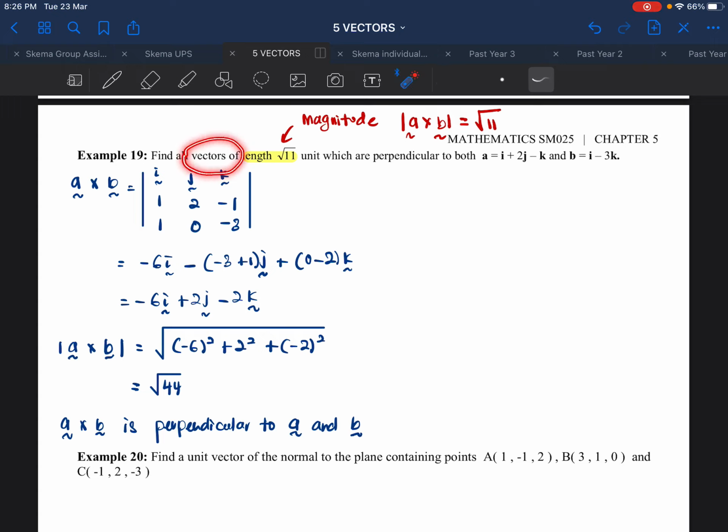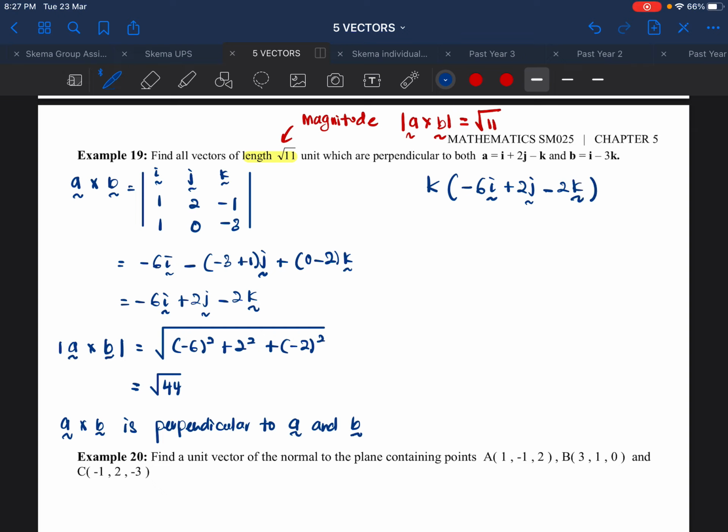Find all vectors which are perpendicular to both A and B. So kita tahu A cross B perpendicular to A and B. So kita boleh gunakan vector A cross B ni, tapi kita nak cari another vector. So kita boleh letak another constant dekat sini. Let's say kita letak K. Kita gunakan vector A cross B kita which is negative 6I plus 2J minus 2K.